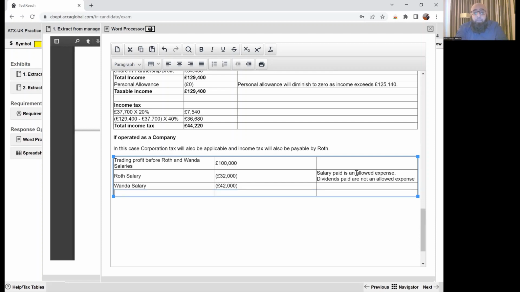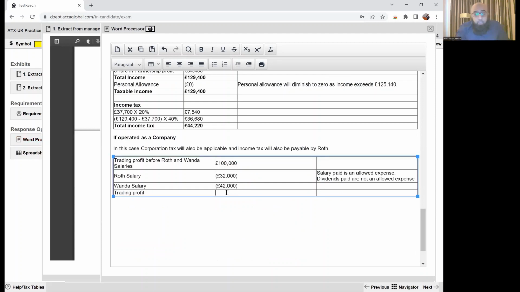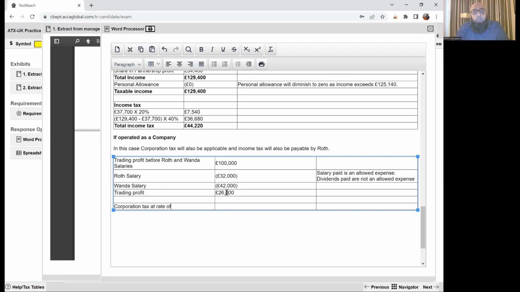Okay. So this gives us the revised trading profit, 100,000 minus 32 minus 42. Since there is no other expenses given, and dividend is not an allowed expense, the trading profit is 26,000. Now on this 26,000, corporation tax will be payable at the rate of 19%.